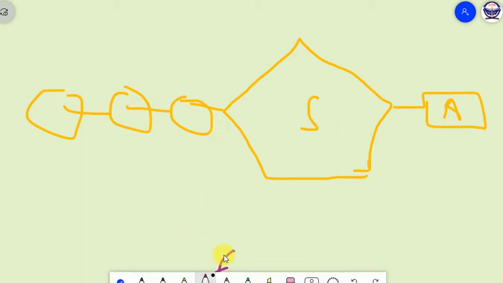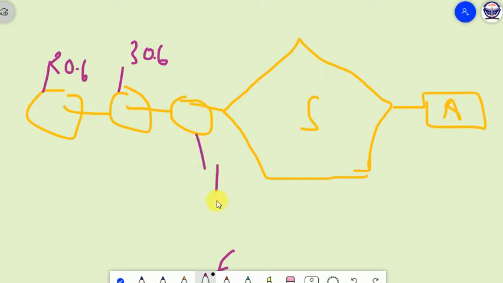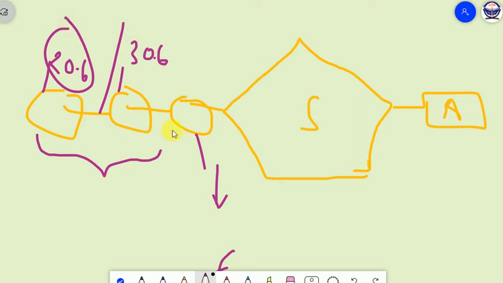Now, the removal of this phosphate releases 30.6, and this phosphate releases 30.6. But the removal of this phosphate releases a lower amount of energy. That means the breaking of this bond releases this amount of energy, and the breaking of this bond releases this amount of energy. So these are called high energy phosphates.